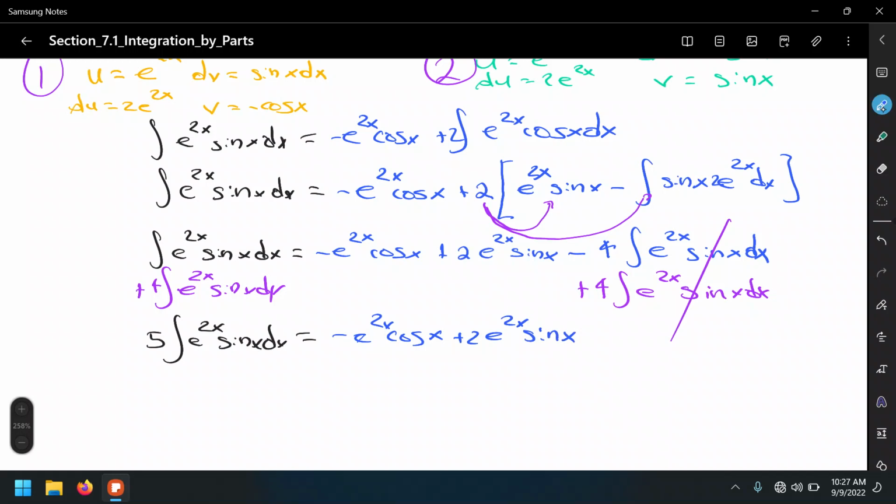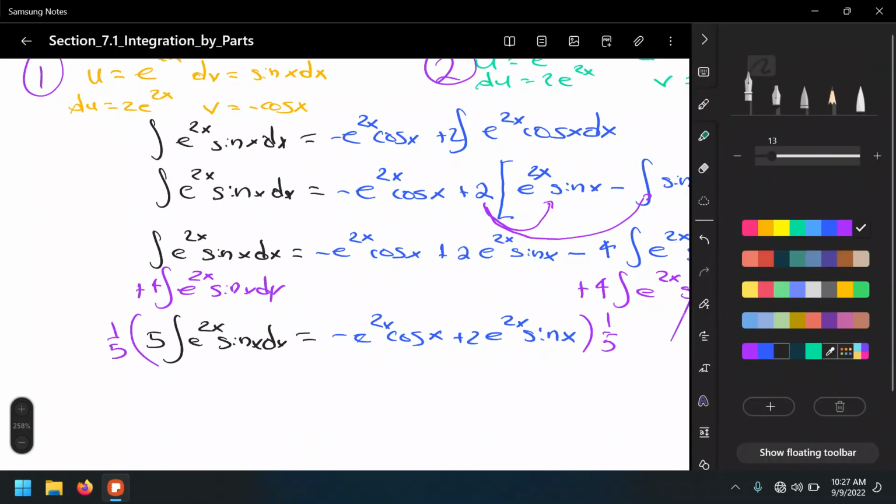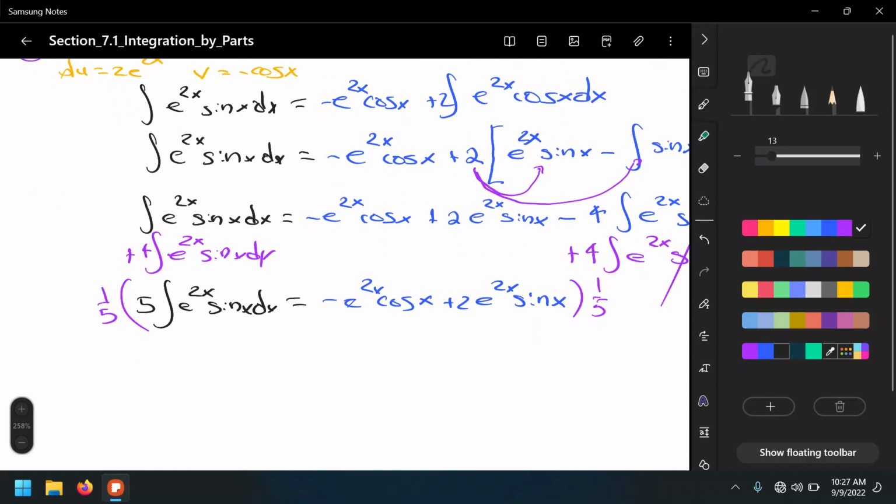And all we have to do here is divide both sides by 5, or multiply by 1/5. And this is the way around this situation of falling into basically an infinite loop, right? So you don't want to do that.